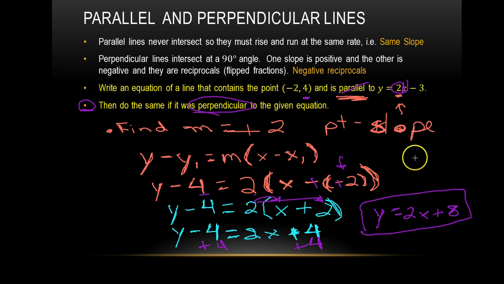So all we now need to do is say, well, what's the slope of the perpendicular line? Now remember, we need negative reciprocals. So 2 can be written as a fraction as 2 over 1. So to flip that over, we'd have 1/2, and then we need the opposite sign. This one was positive, so my slope is now going to be a negative 1/2.